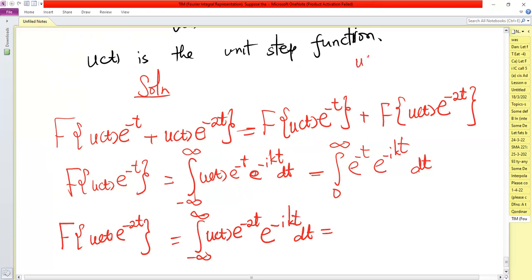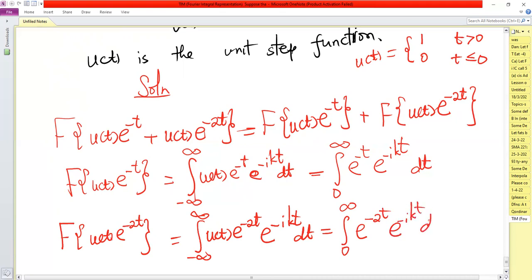Remember, this is the way we define the unit step function: it has two values, 1 when t is positive and 0 when t is less than or equal to 0. So from negative infinity to 0 the value of the integral is 0. So we start from 0 to infinity and u will be 1, so we have the integral from 0 to infinity of e^(-2t)e^(-ikt) dt.